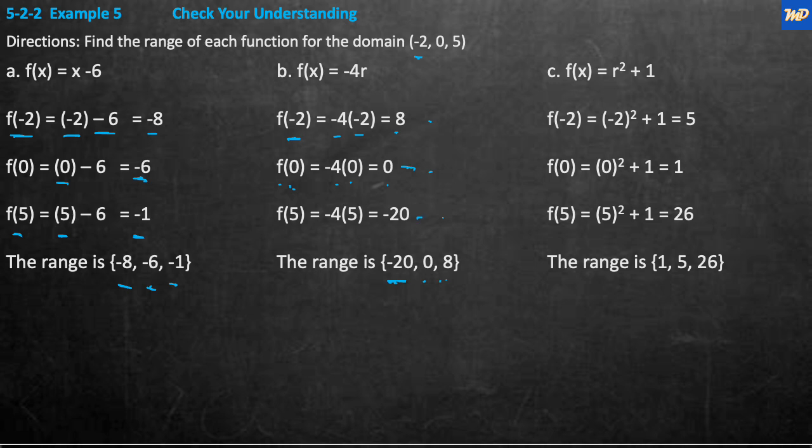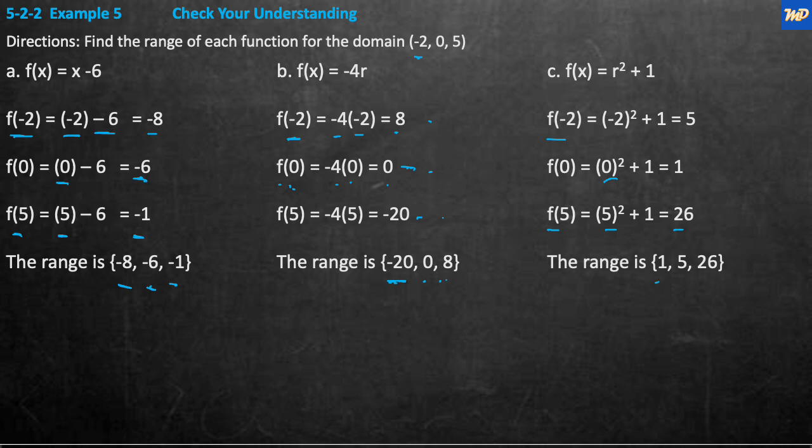Okay, so now finally f of x is equal to x squared plus 1. So f of -2 is -2 squared plus 1, and that equals 5, because -2 squared is 4, plus 1 is 5. How about f of 0? So 0 squared plus 1 is 1, because 0 squared is 0. Okay, and then finally f of 5 is equal to 5 squared, 25, plus 1 is equal to 26.